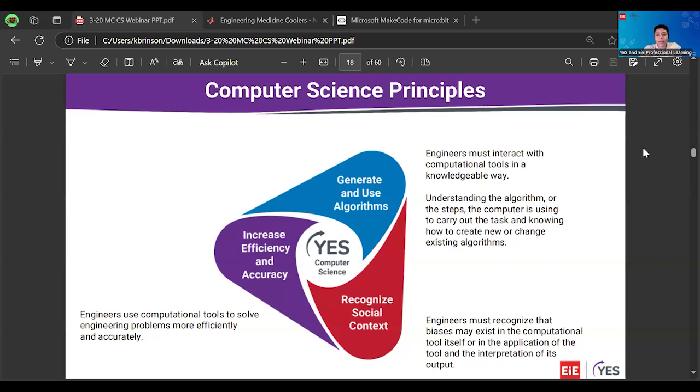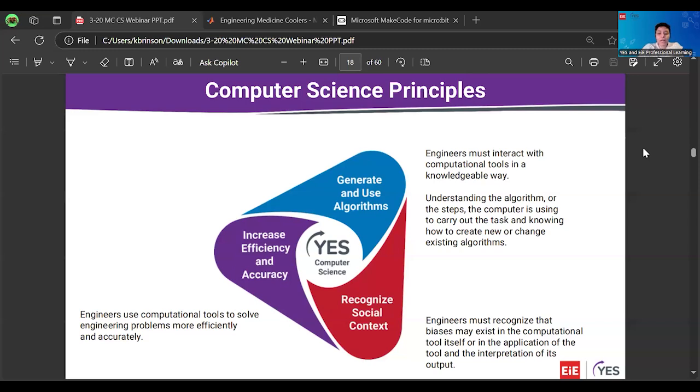So this framework has three components here that outline those exact things. So of course, the generate and use algorithms principle reminds us that using these things is vital in computer science. We're not going to be able to do computer science without algorithms, really.